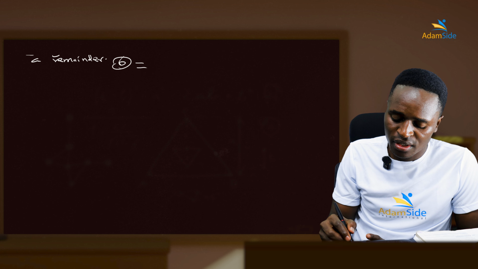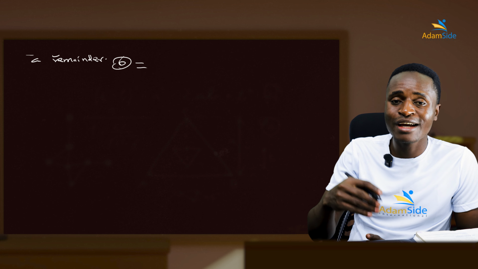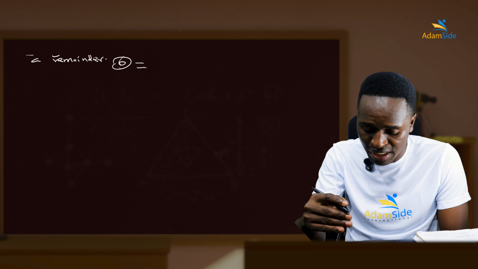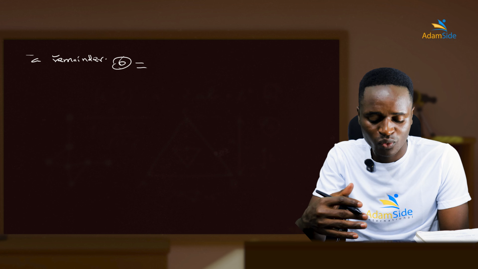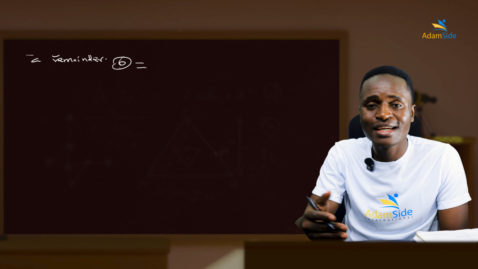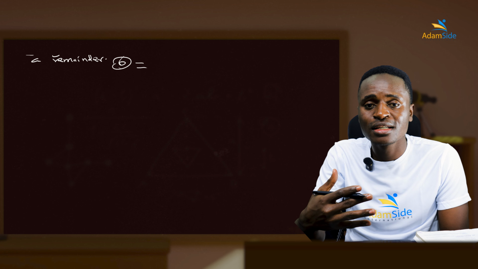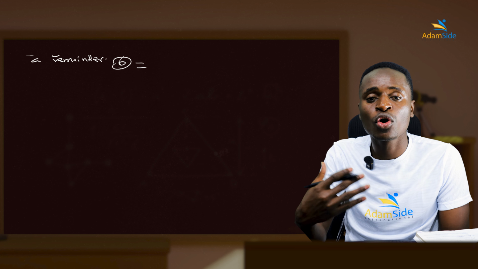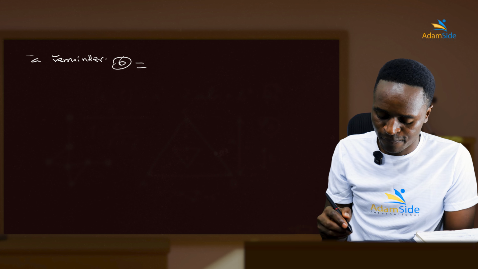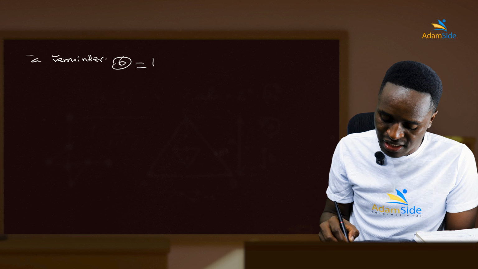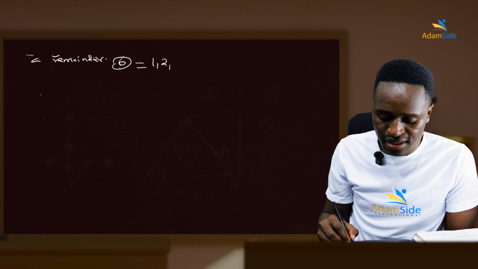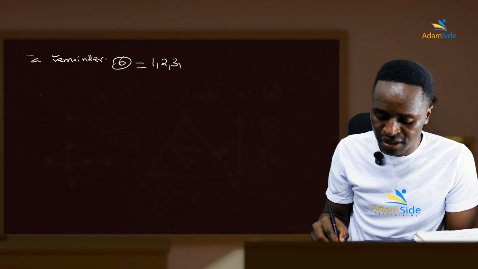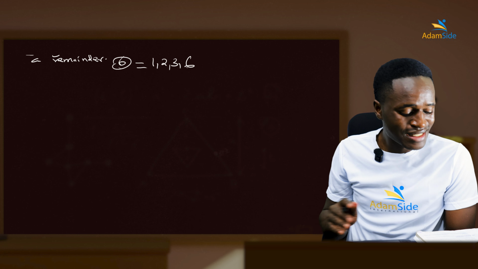So you can say a factor is any whole number that divides a number completely without remainder. Or you can as well say it is a digit that divides a whole number without a remainder. So for example, 1 divides 6 completely, 2 divides 6 completely, 3 divides 6 completely, and 6 itself. Those ones are factors.